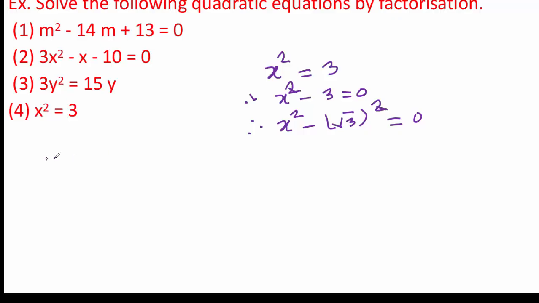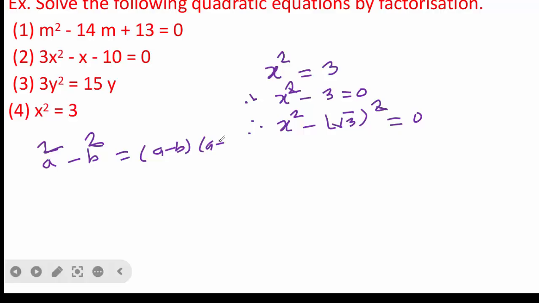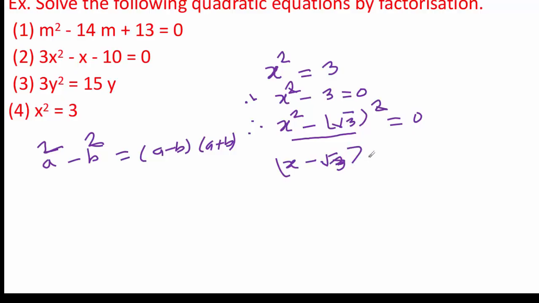We know that a square minus b square equal to, in the first bracket a minus b, in the second bracket a plus b. This is the formula. Therefore, here also we shall factorize this as x minus root 3 in the first bracket, x plus root 3 in the second bracket, equal to 0.